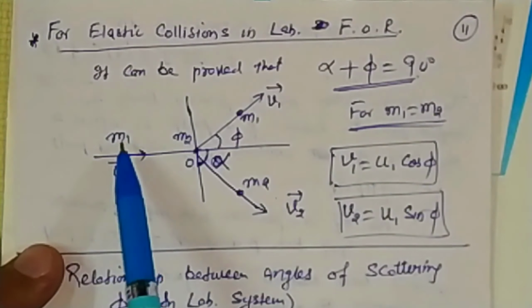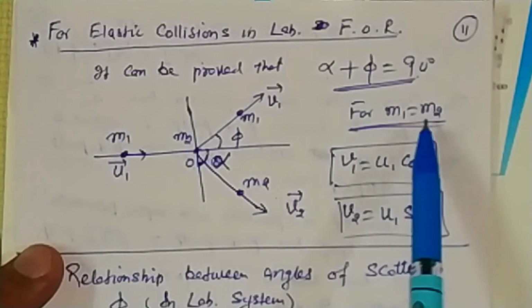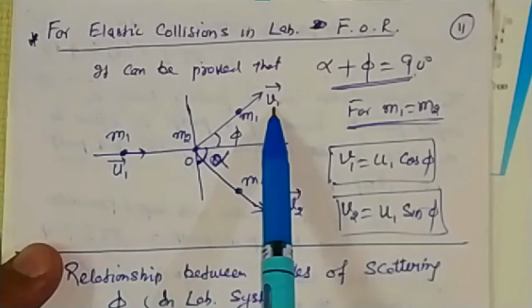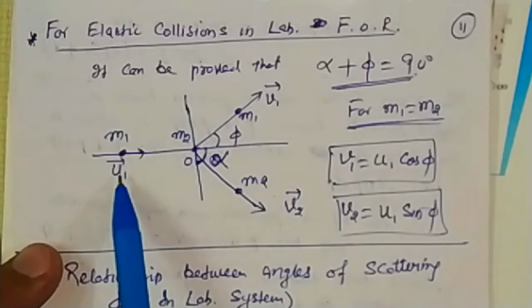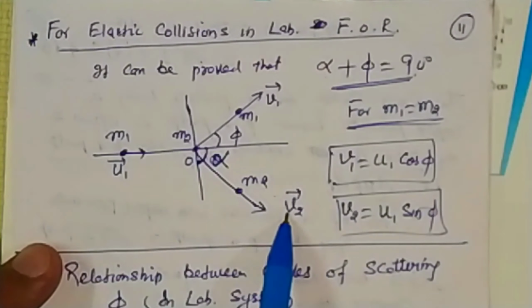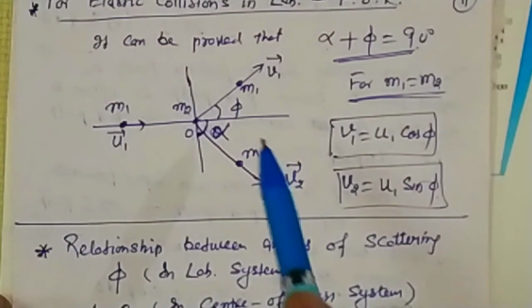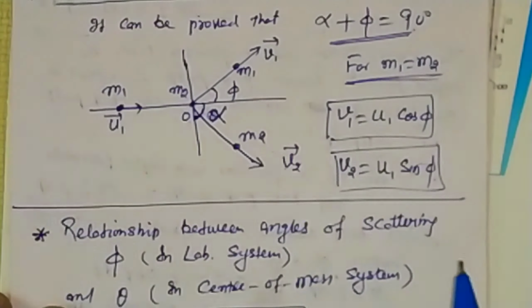In the special case where the two particles are of equal mass, the velocity v1 is equal to u1 cos phi, and the velocity v2 is u1 sin phi. We have already derived this expression.